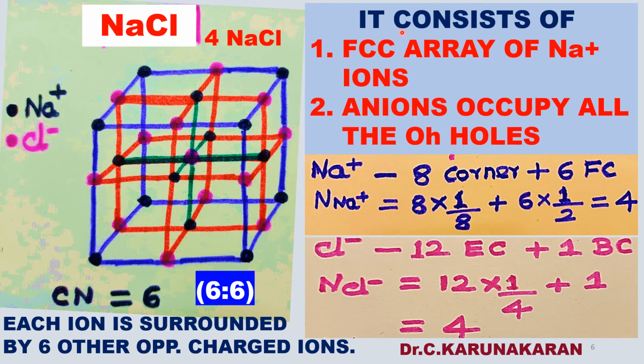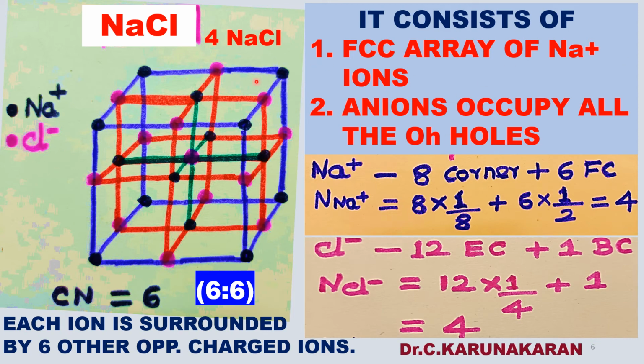The crystal structure consists of an FCC array of sodium ions, and the anions occupy all the octahedral holes. These centers, the body center and edge centers, are called octahedral holes. There are 4 octahedral holes occupied by the anion.